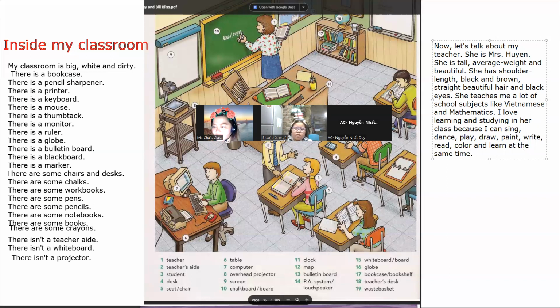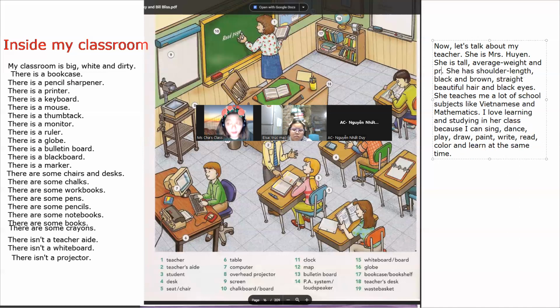All right. So now let's talk about my teacher. She is Mrs. Hien. She is tall, average weight, and beautiful. She has shoulder length, black and brown, straight, beautiful hair, and black eyes. You described her hair as beautiful, so we could say Mrs. Hien is tall, average weight, and let's say pretty.